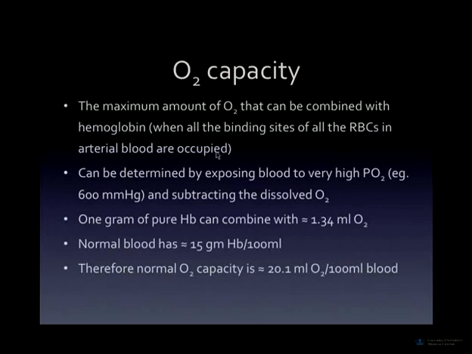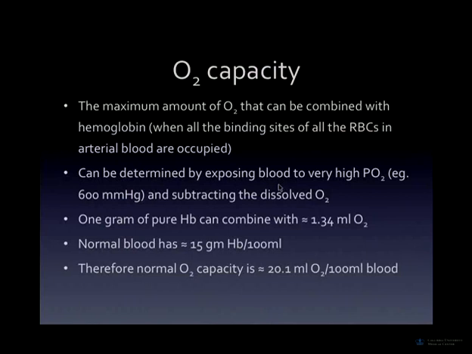Oxygen capacity just refers to the maximum amount of oxygen that can be combined with hemoglobin when all the binding sites of all the red blood cells in the arterial blood are occupied. You can find that out experimentally by putting a non-rebreather face mask on someone and having them breathe 100% FiO2, so all of the gas that you're breathing is oxygen, and measure the blood invasively and subtract the dissolved oxygen.